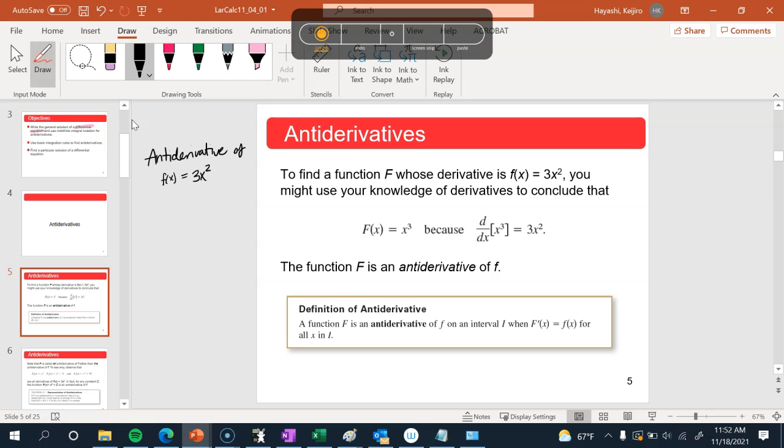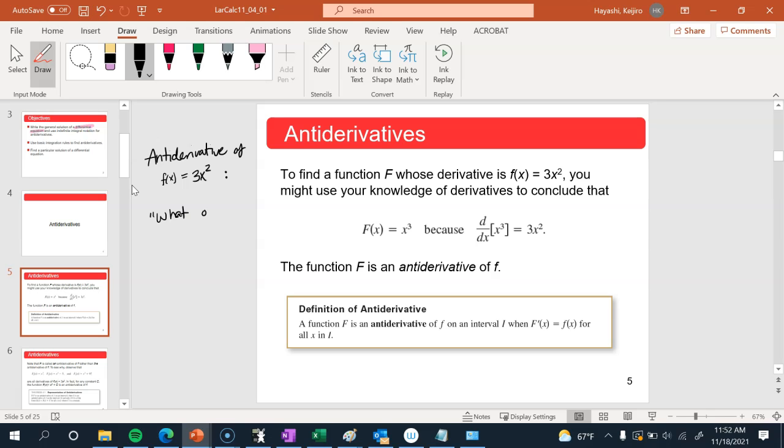The antiderivative of a little f, 3x squared, is simply going to be the answer to the question, what original function, that we're going to label big F of x. What original function is 3x squared the derivative of?